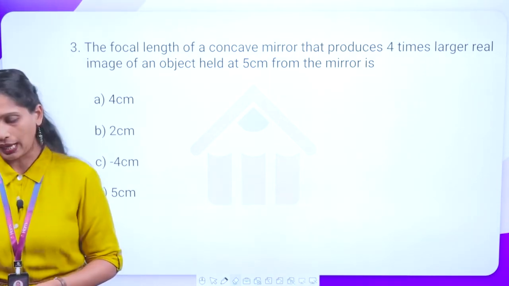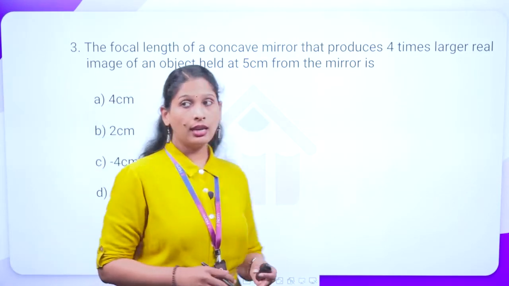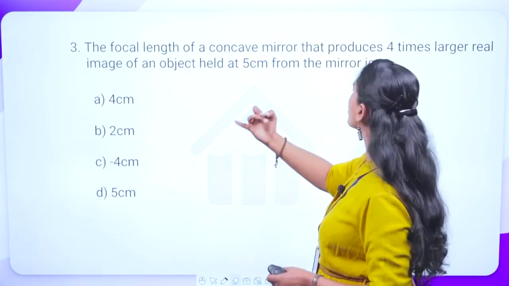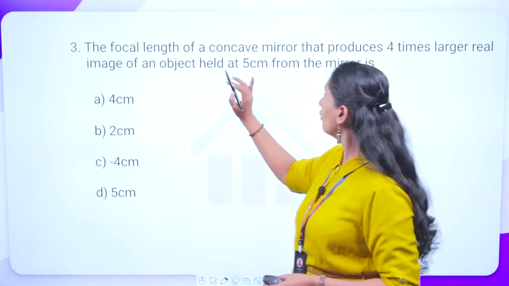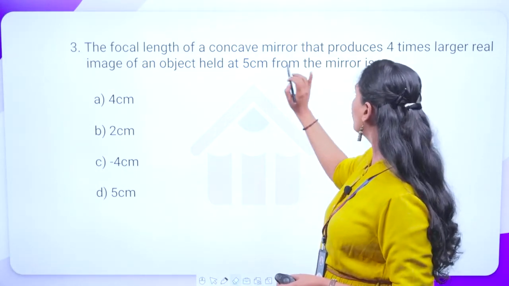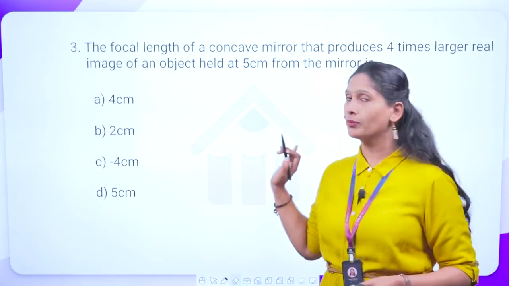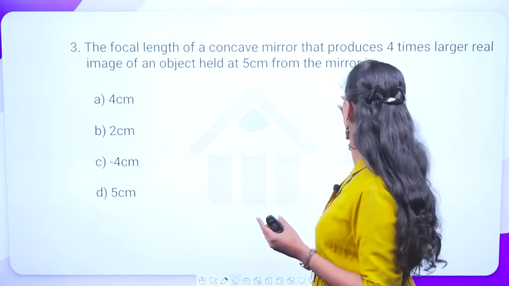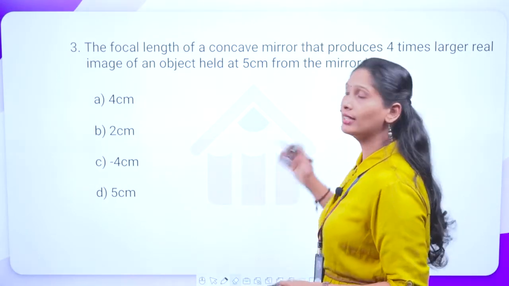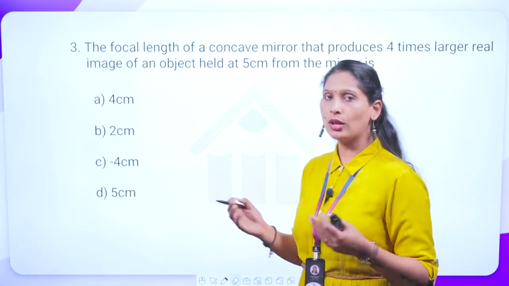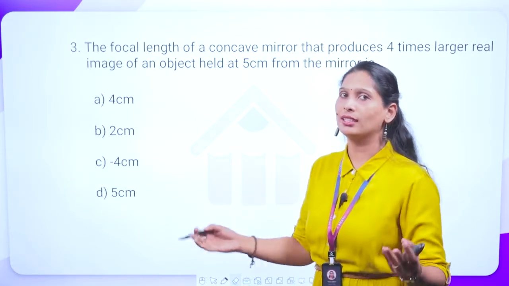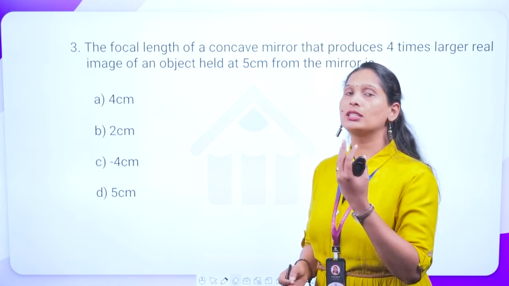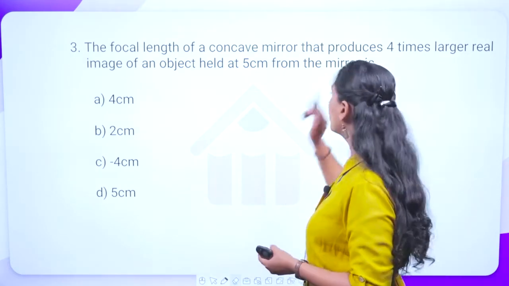Okay, so you have a numerical here. The focal length of a concave mirror is 4 times larger, a real image of an object held at 5 centimeter from the mirror. You have two values, 4 times. A clue is given that it is 4 times larger, so you have to see what that signifies, whether it is the image distance, object distance, focal length, or magnification.